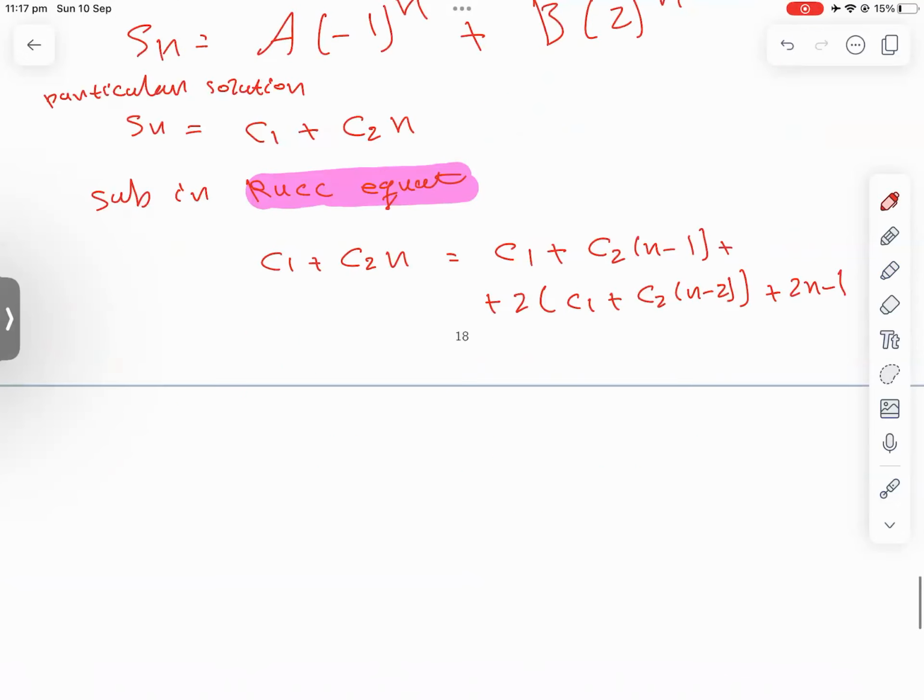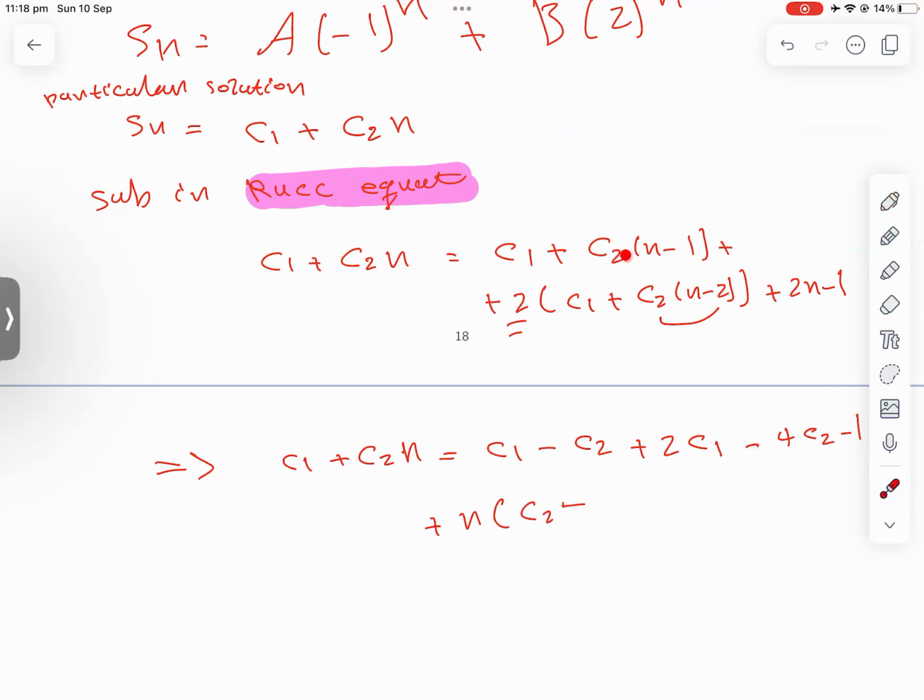From here, can I simplify it? C1 plus C2n equals C1 minus C2, plus I try to gather just the constants: 2C1, minus 2C2 from here, and then there is another 2, so it will be minus 4C2, minus 1, plus n times C2.